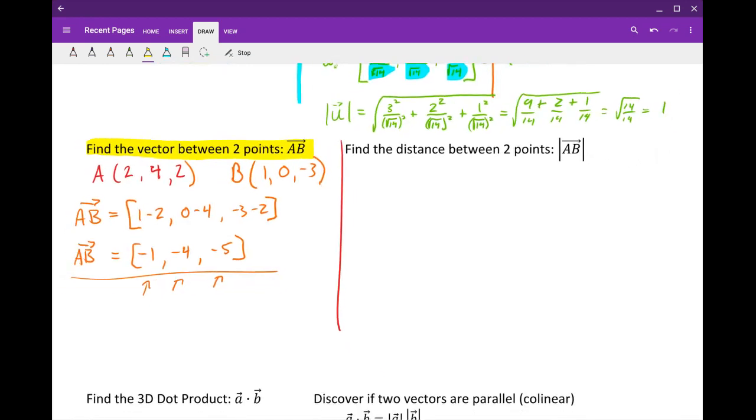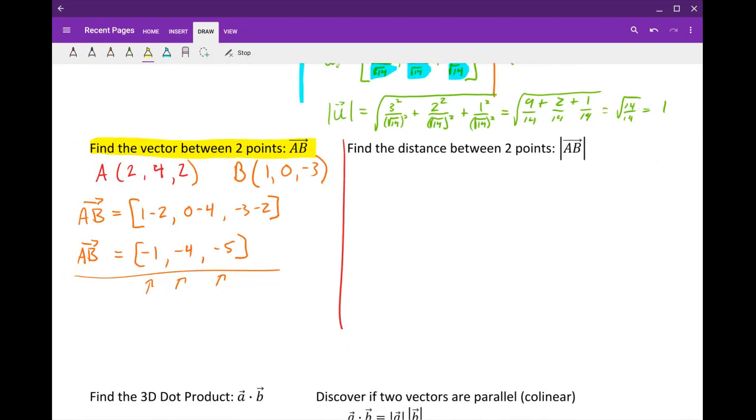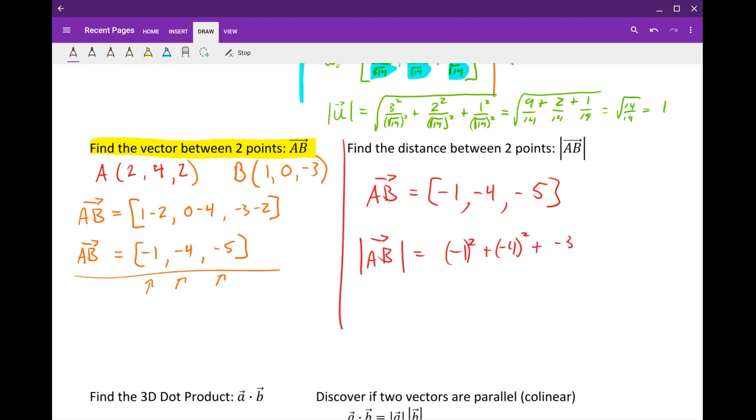Okay. So the distance between 2 points is basically, you first build the AB vector, which would be negative 1, negative 4, negative 5. And now to figure out the distance between them, basically you just figure out the magnitude of AB. And so that would be negative 1 squared plus negative 4 squared plus negative 5 squared, rooted.